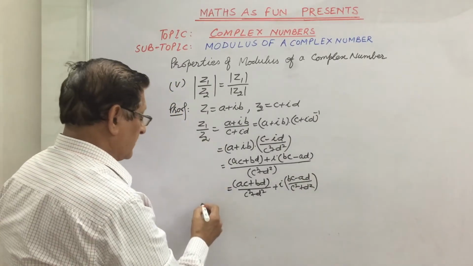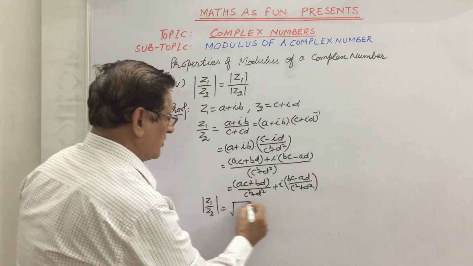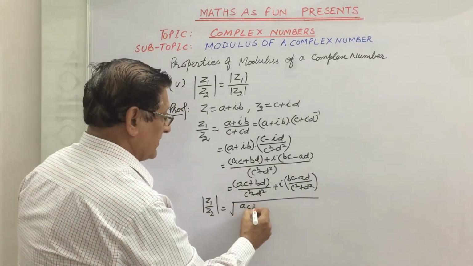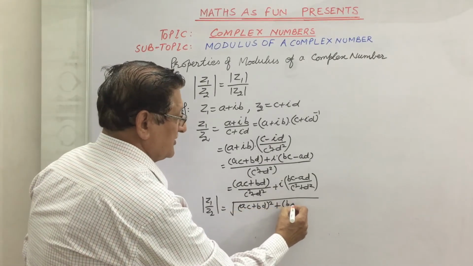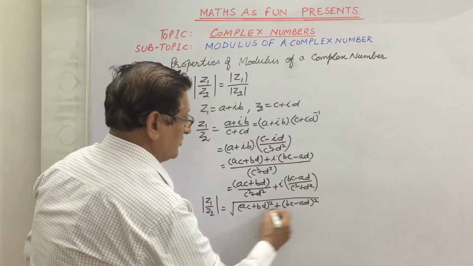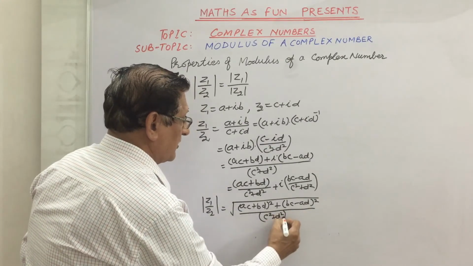If we want to find out the modulus of z1 upon z2, that will be root of (ac plus bd) whole square plus (bc minus ad) whole square, whole upon (c square plus d square) whole square.